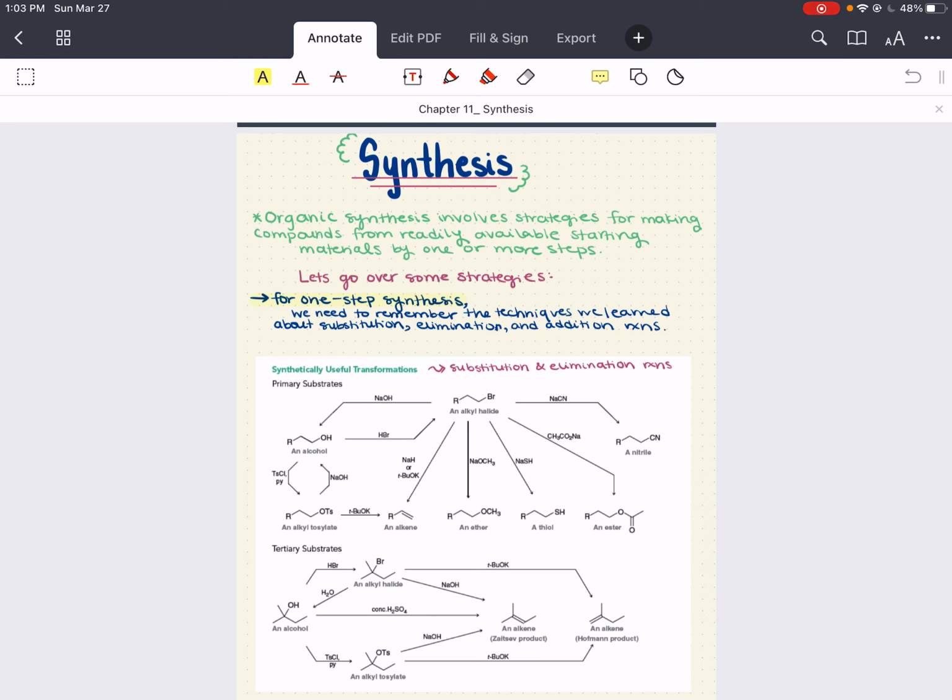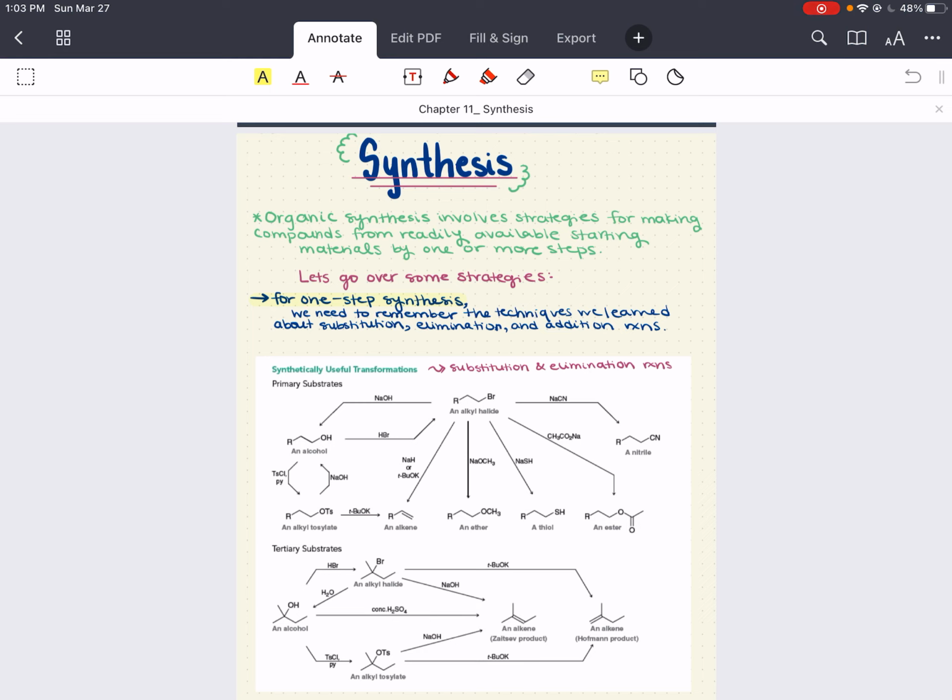Every chapter we cover will end with some sort of synthesis problem, because ultimately the underlying objective of learning about functional groups and their reactions and preparations is to use that knowledge of reagents, preparations and reactions to come up with very good synthesis pathways to get from starting material to end material.